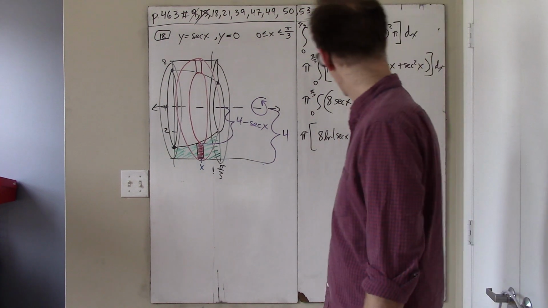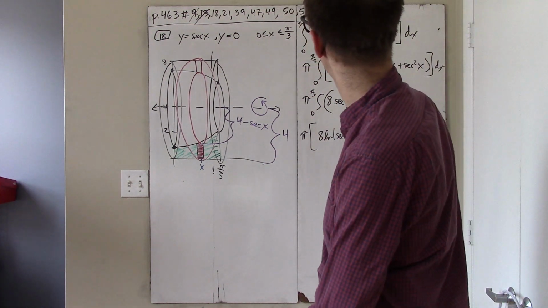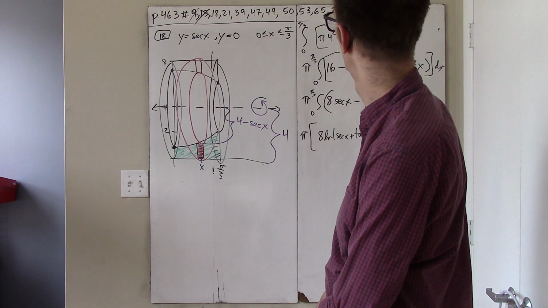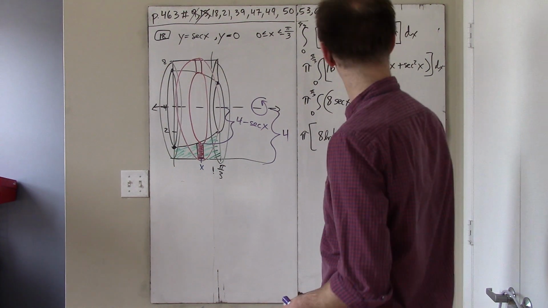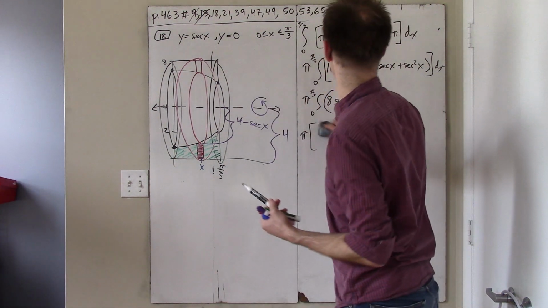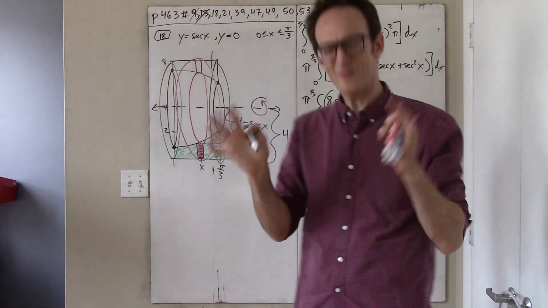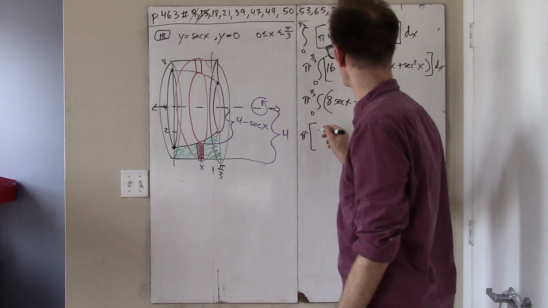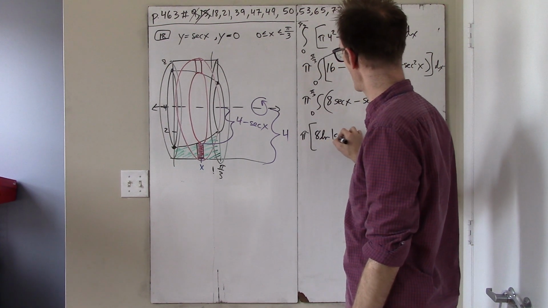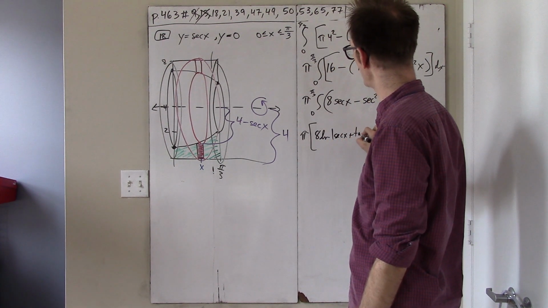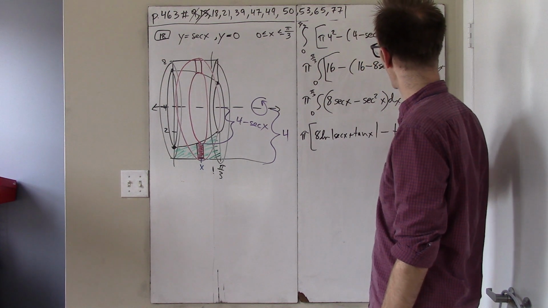I guess I just convert that into tan or something. Wait, no. The derivative of tan is secant squared. Sorry, I lost it for a second. So 8 ln secant x plus tan x, and then minus tan.